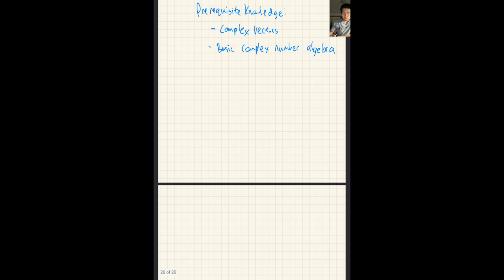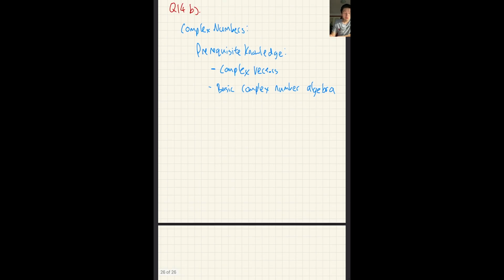Okay, right. So let's draw up a diagram of the question first to have the situation shown. Okay, so i, y, x, this is the Argand diagram.